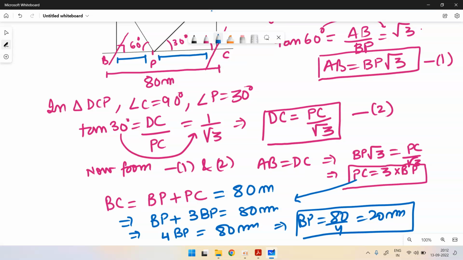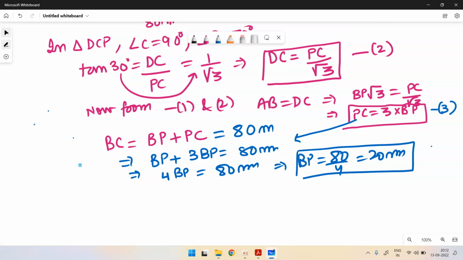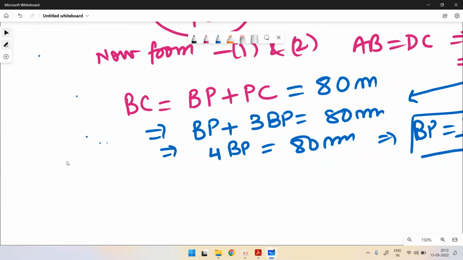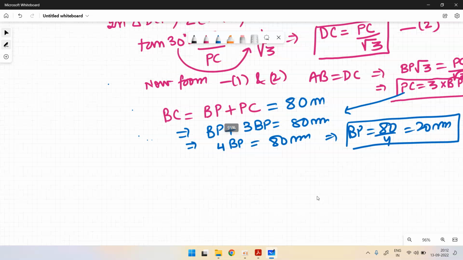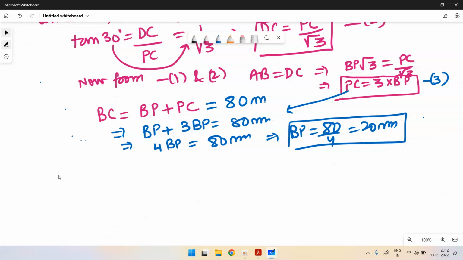Now BP is 20 meters, so from here you can calculate PC. From equation 3, PC is nothing but 3 times BP, which is 3 into 20, which is 60 meters.